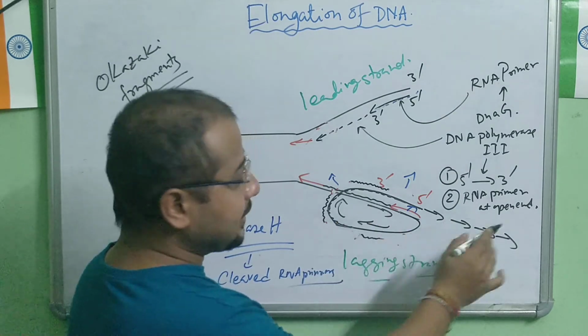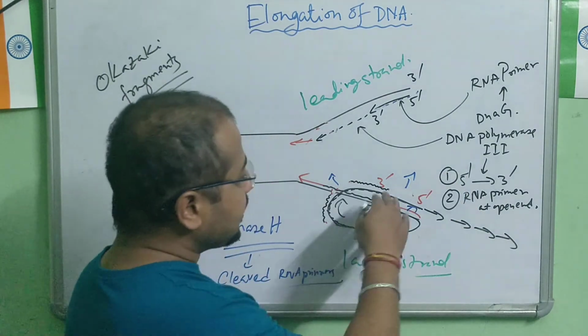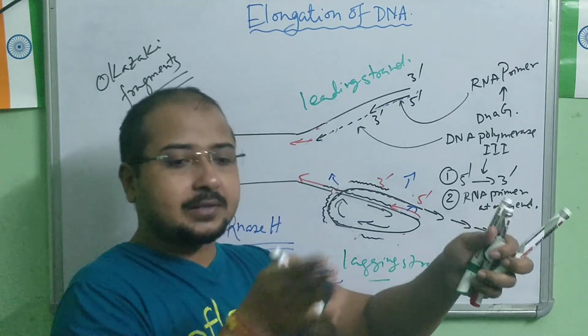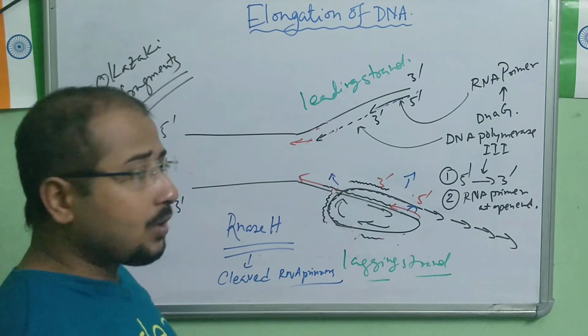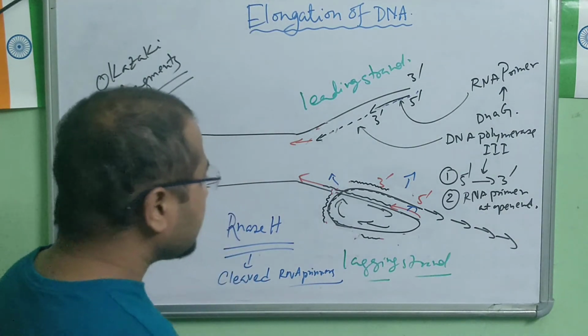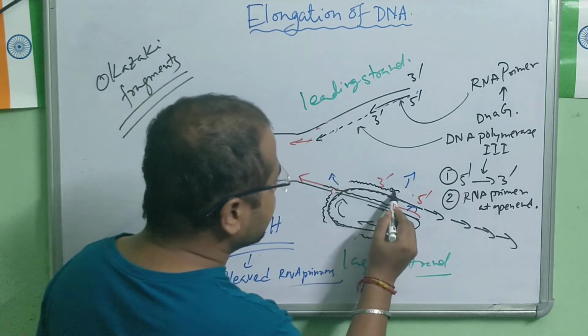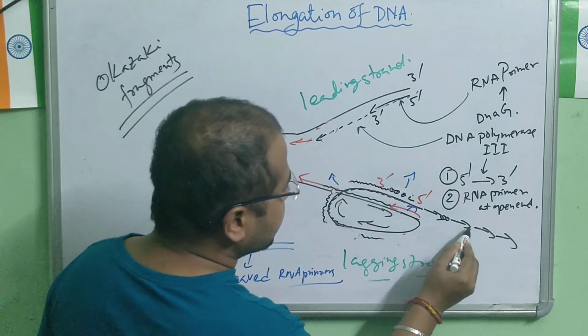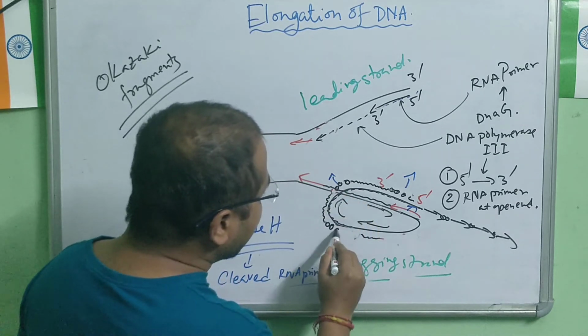Okay, Okazaki fragments. These pieces of the DNA strands, after removing the RNA primer, we see the DNA strand in pieces, those are Okazaki fragments. Now what happens is that deoxyribonucleotide molecules will be coming here in between, and will be filling the gap.